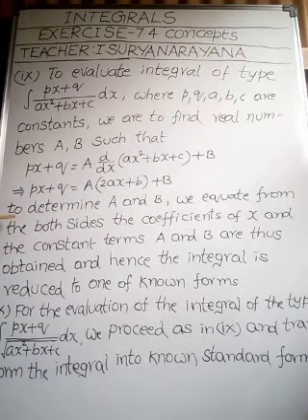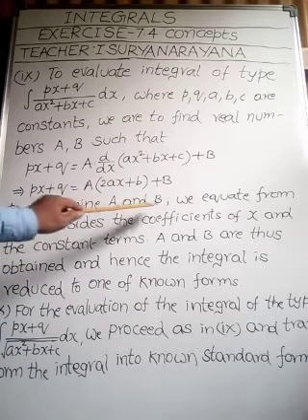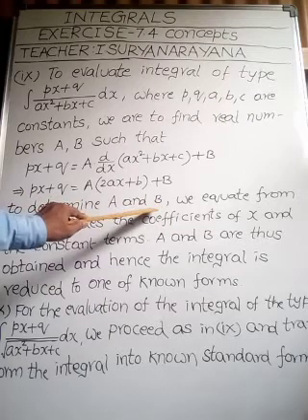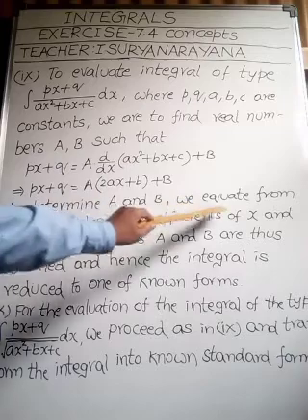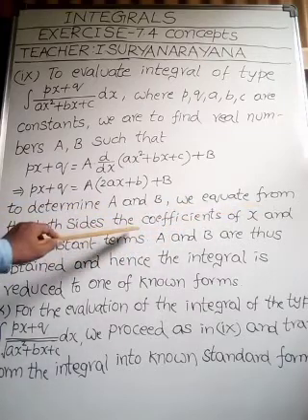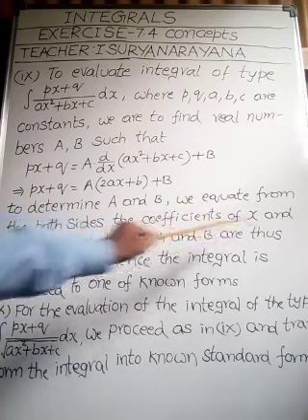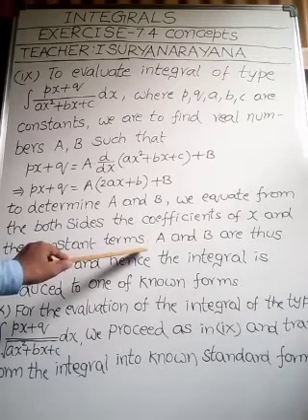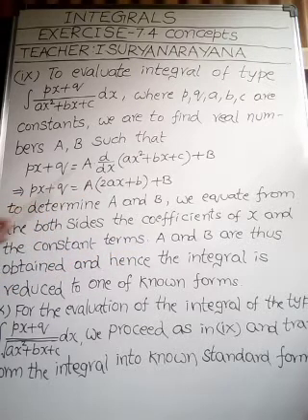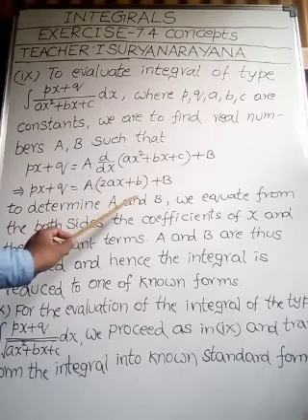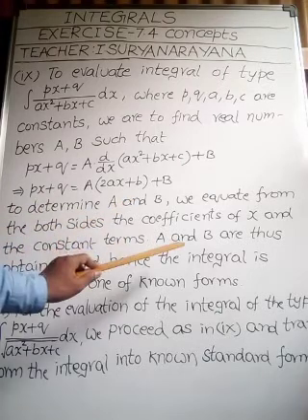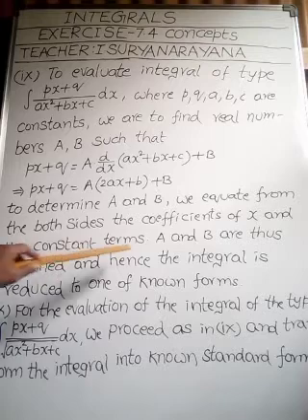From this equation, to find the values of capital A and capital B, we equate the coefficients of x and the constant terms on both sides. First, we equate the coefficients of x on both sides, and then we get the value of capital A. After that, we equate the constant terms on both sides of the equation, and then we get the value of capital B.